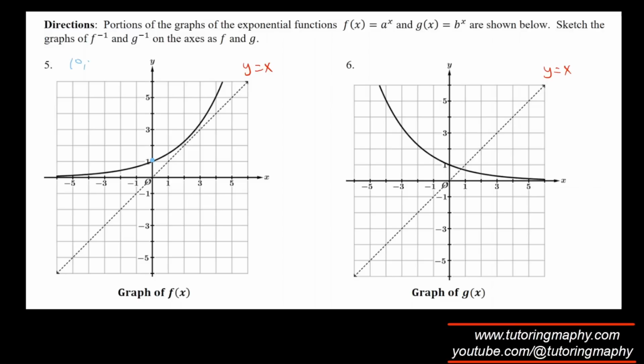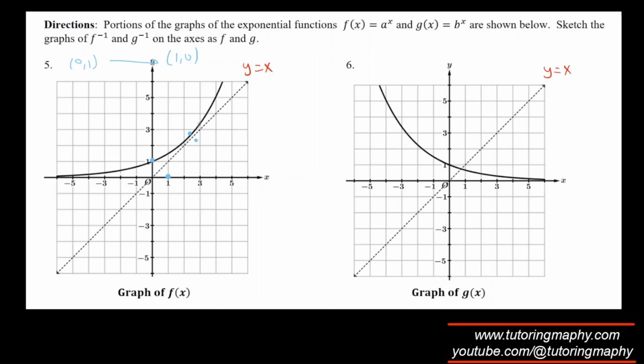So 0 comma 1 will change to 1 comma 0, and 1 comma 0 is right here. And likewise, we keep doing this for other points as well. For example, this point looks like somewhere a little more than 2 and a little less than 3. So when reflected, it will become a little less than 3 and a little more than 2. So it will probably be somewhere here.